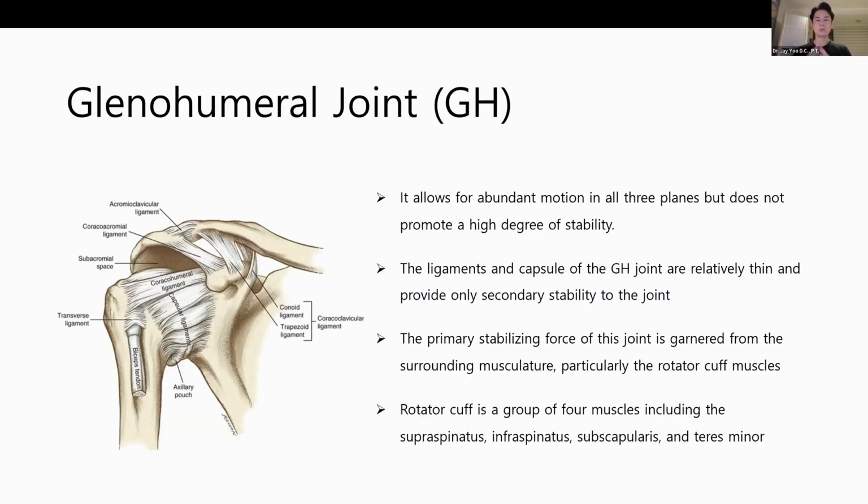The primary stability force of this joint is garnered from the surrounding muscles, particularly the rotator cuff muscles. So the rotator cuff is a group of four muscles, including the supraspinatus, the infraspinatus, the subscapularis, and teres minor.